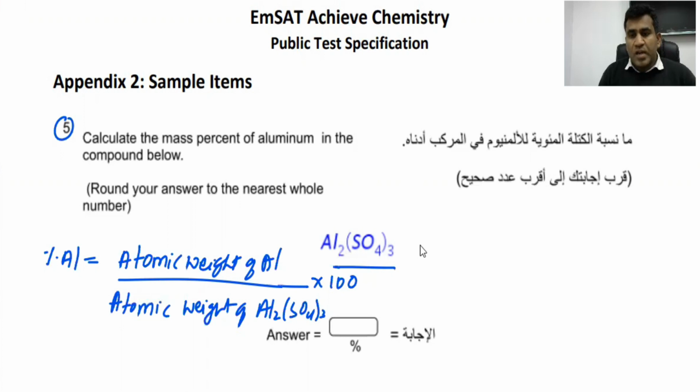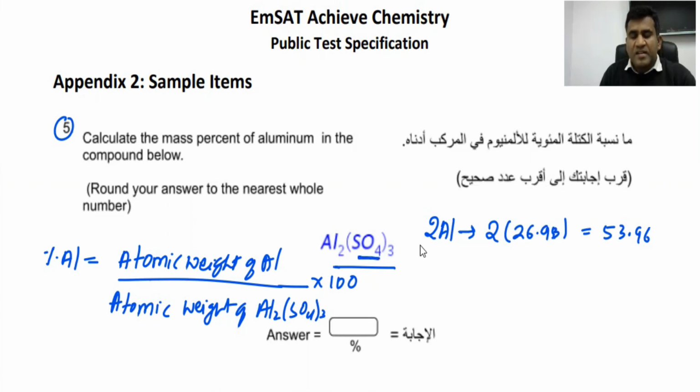So the total atomic weight of aluminium, I do as 2 times 26.98 as an approximate. That gives me the value here as 53.96.